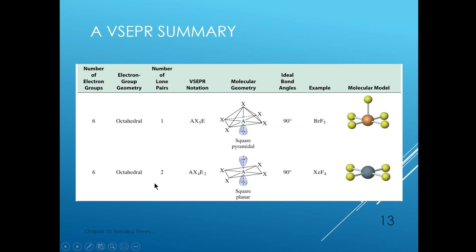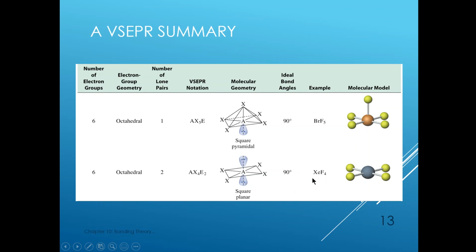And then finally, again, where we have 6 electron groups, in this case, 2 of them would be lone pairs of electrons, and basically this would be the shape adopted by such a molecule. This would be the bond angle for this molecule.